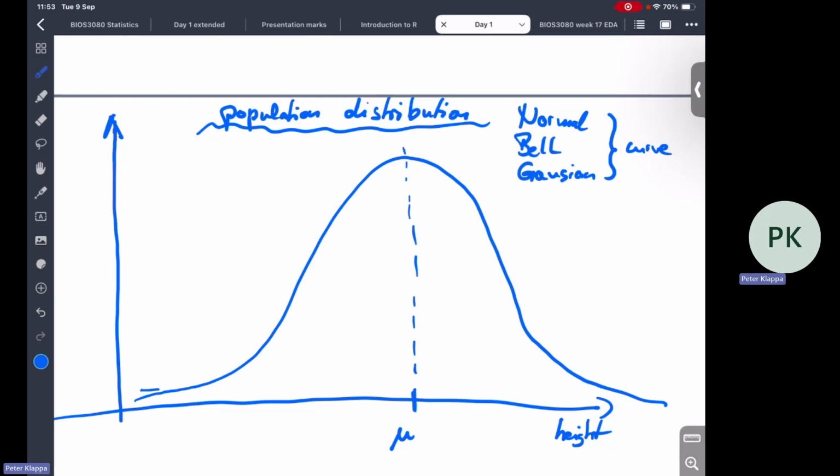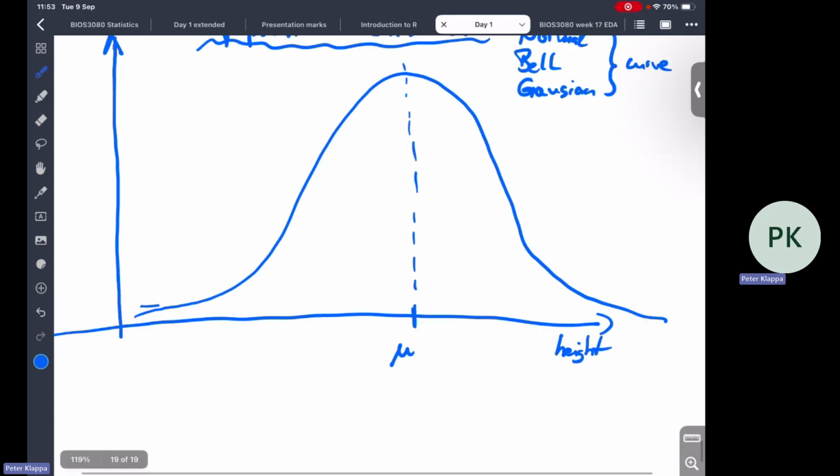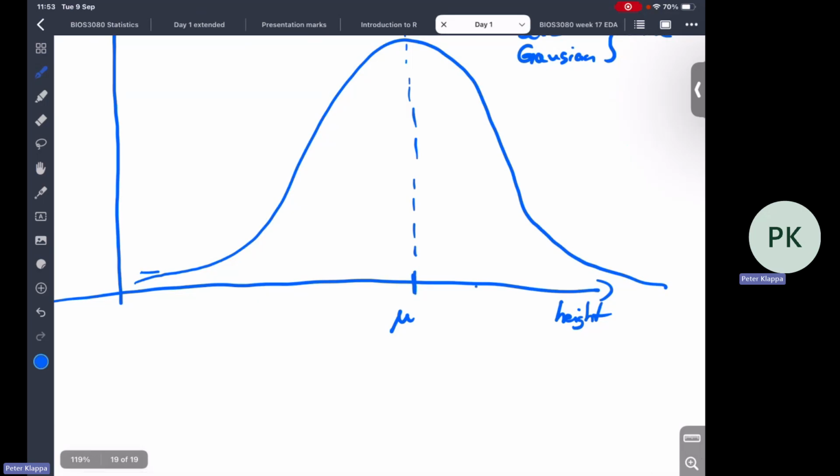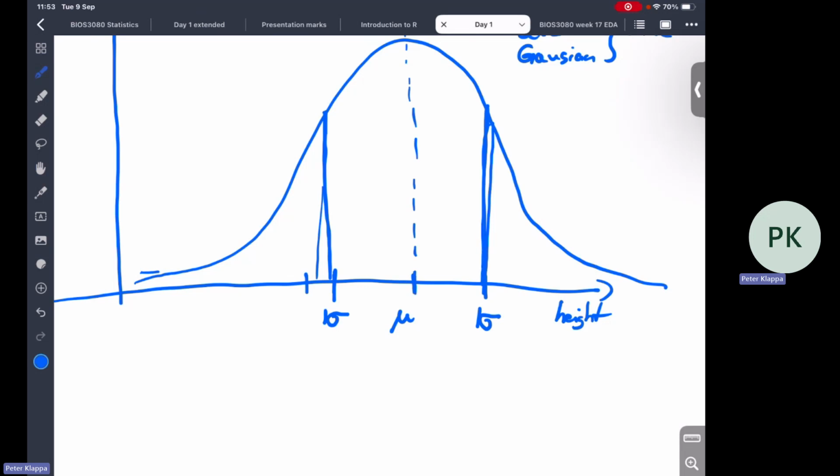Well, we can say if we move one standard deviation to the left and to the right, it's probably here. One standard deviation in the population, if we move left and right of the mean, we've got this point here and this point here, right? Something like that.